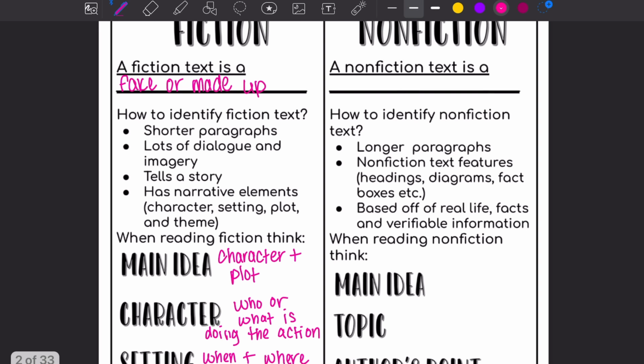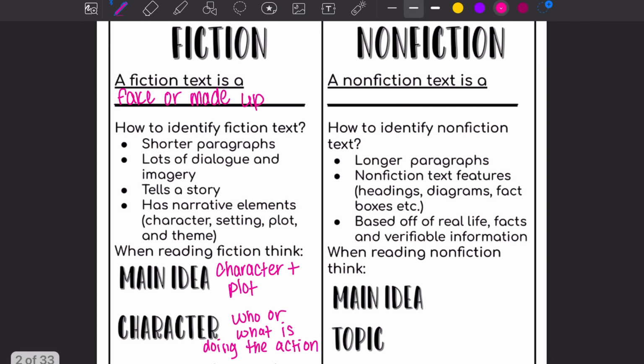So the main idea is Miss James went to the movies, but the theme of the text would be it's good to spend some time doing things that you like, or taking care of yourself is important, or doing fun things are important. It's important to relax. Those are all themes. Those are things that anybody can listen to and apply to their lives, okay? So that is our fiction text.